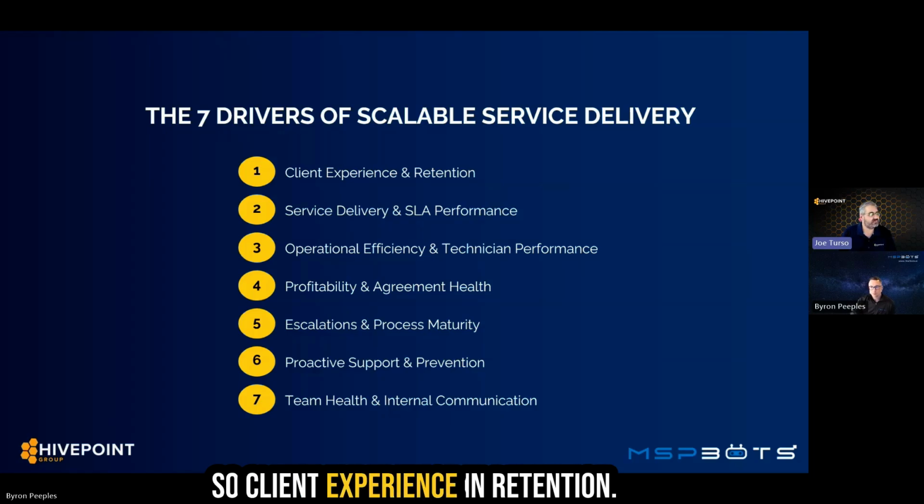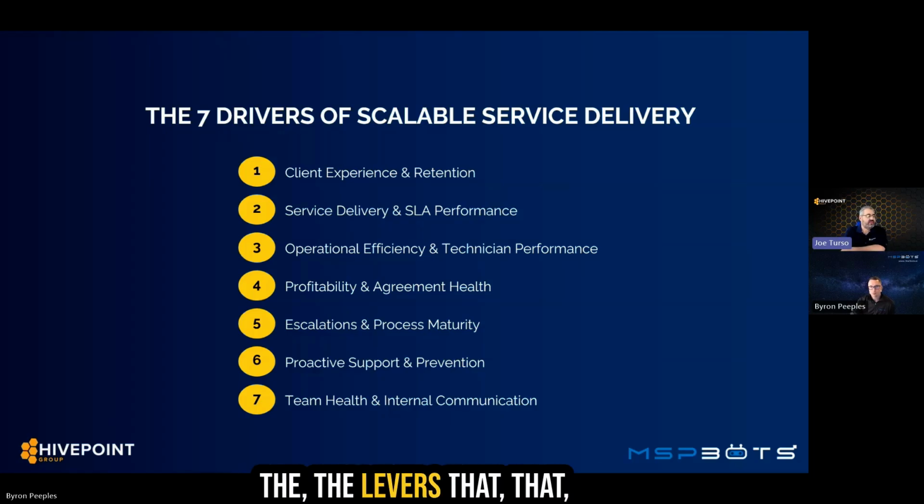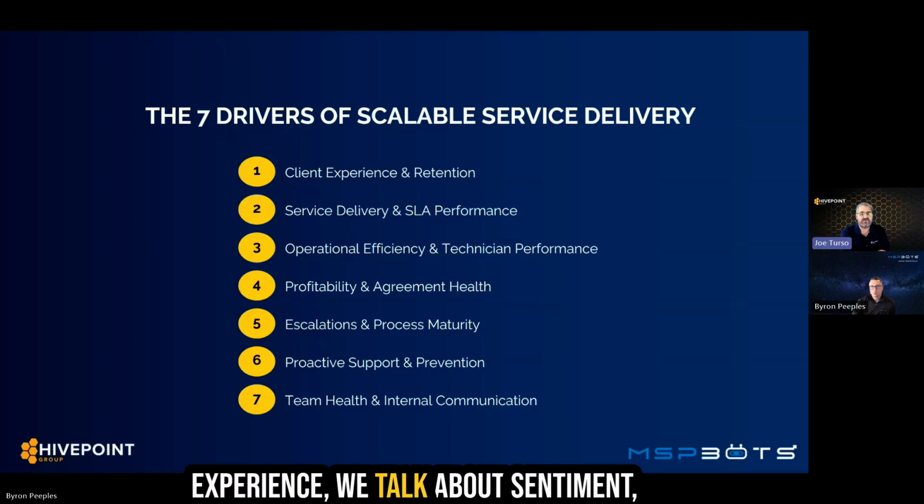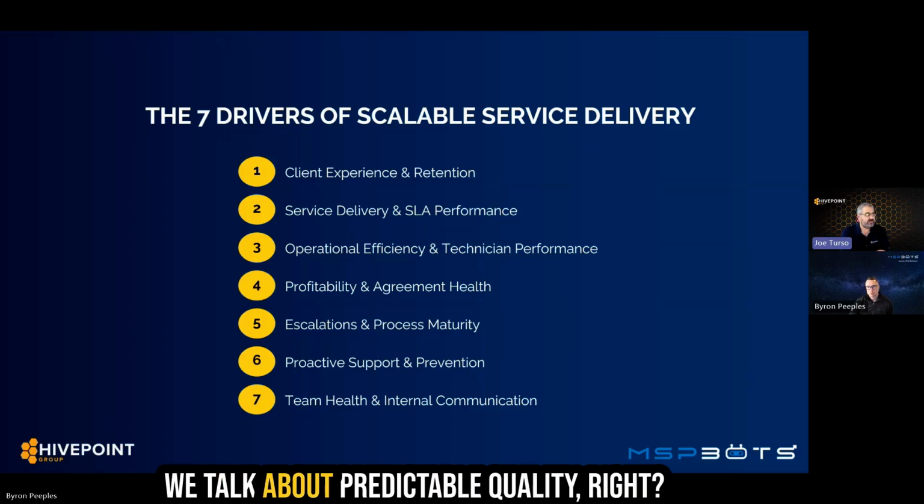So client experience and retention, the levers that compound, right? When we talk about the client experience, we talk about sentiment, we talk about standardization. We talk about predictable quality, right?